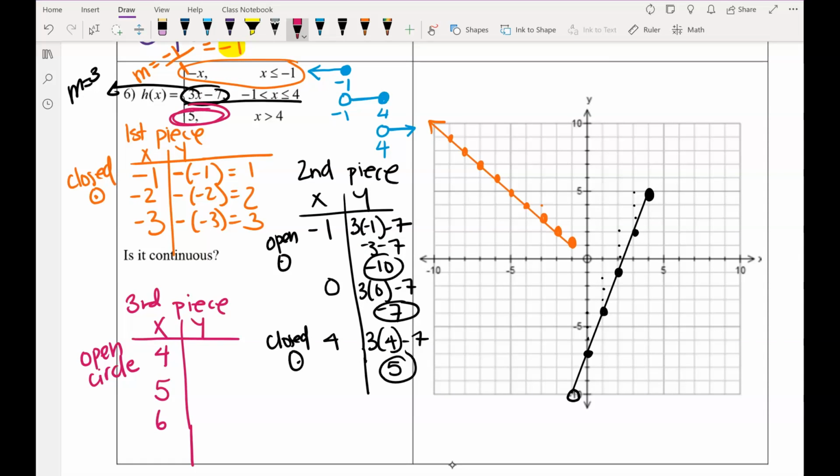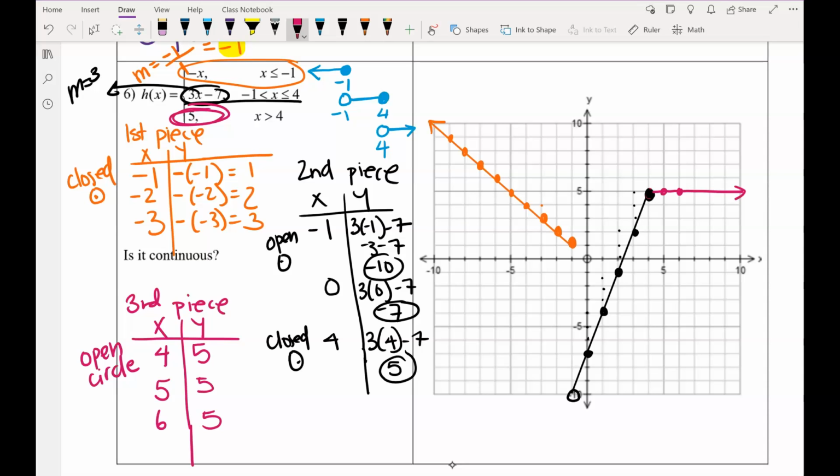So whatever we plug in for x, y will always be 5. So open circle at 0, 5. Well, it doesn't matter because the previous piece was already closed. So students, this is technically still closed, okay? All right, and then at 5, 5, 6, 5, it doesn't matter what we plug in. Y for this third piece is always going to be 5.